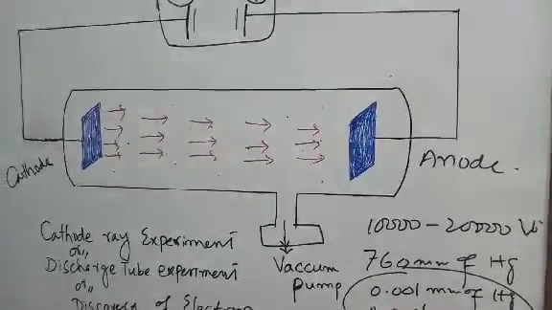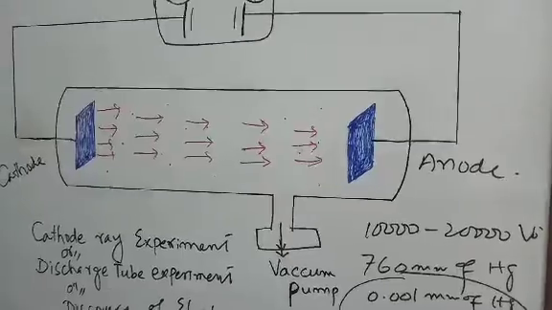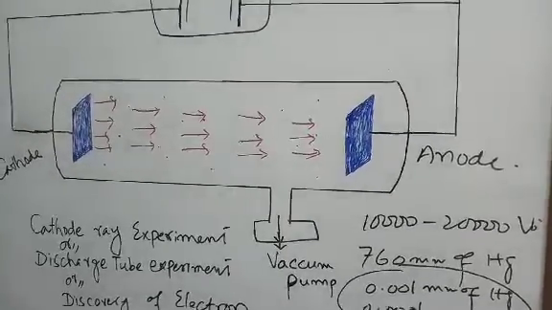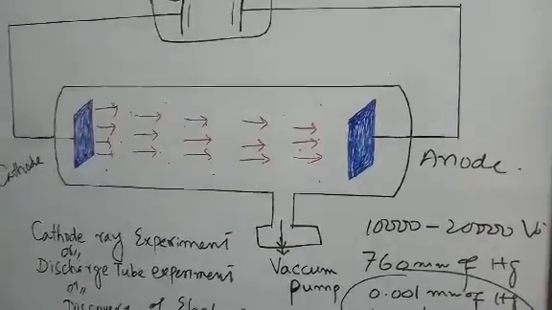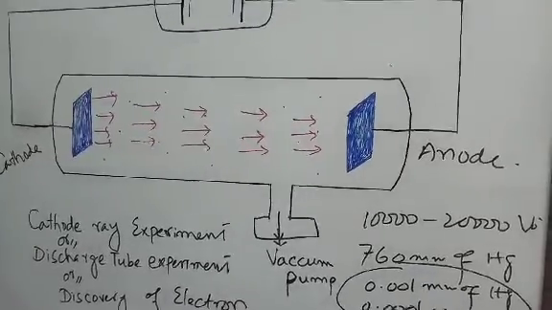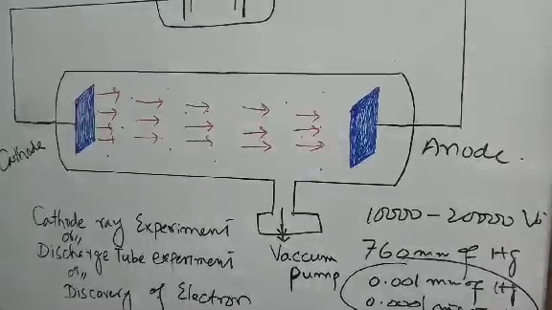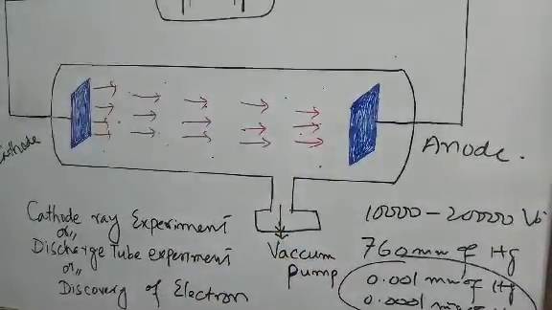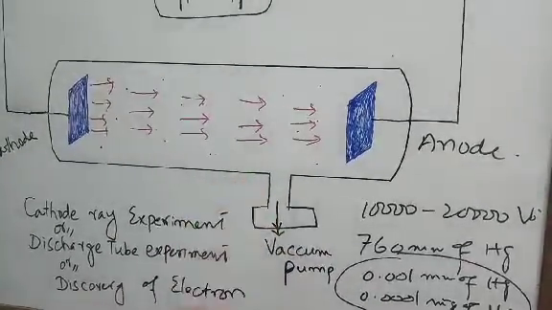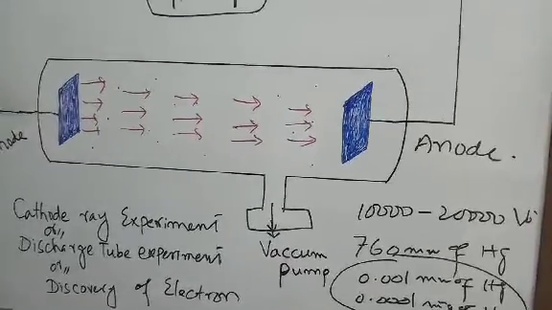Later on, experiments showed that cathode rays are nothing but fast moving electrons. G.J. Stoney later on used the term electron for the cathode rays. So cathode rays are actually electrons.